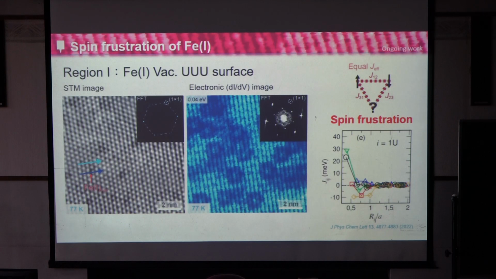In this triangle, if the spins at these two corners are already antiferro to each other, you also want this corner to be antiferro to these two atoms, so you cannot determine the spin orientation of this one. So it's spin frustration, which also means that the system doesn't like this condition.